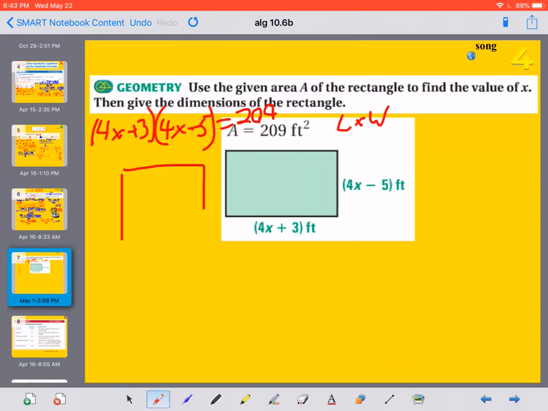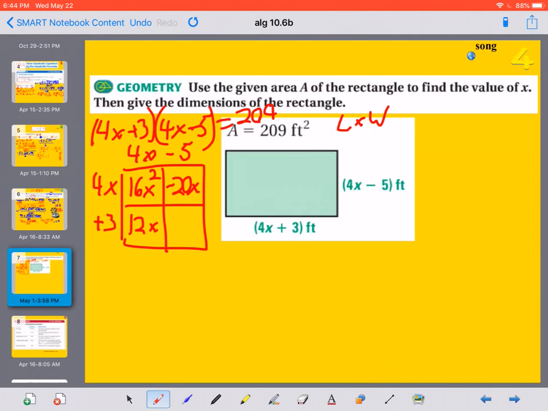So I'm going to draw my 2 by 2 box so I can multiply these. 4x minus 5 and 4x plus 3. 4x times 4x is 16x squared. 4x times negative 5 is negative 20x. 4x times 3 gives me 12x.